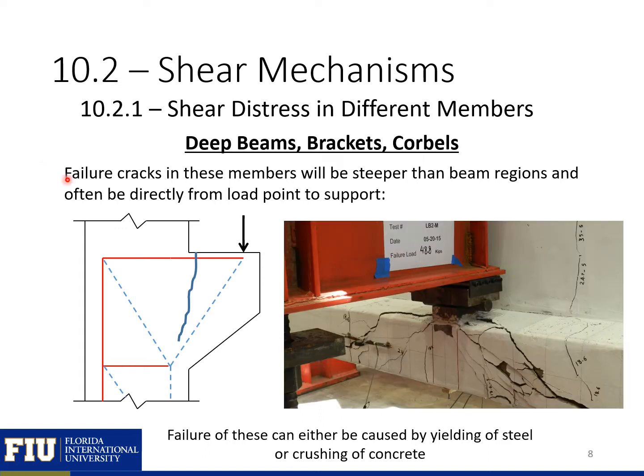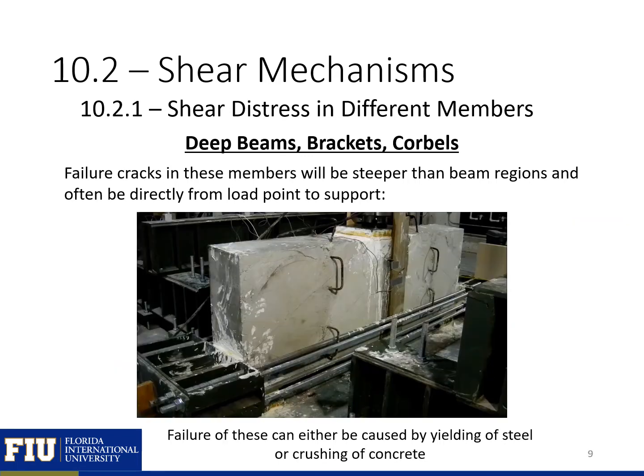Here you can see a failure of a ledged member from some testing done at NC State. So here we have a punching shear failure of our ledged member. And here we'll have a failure of a reinforced concrete deep beam.